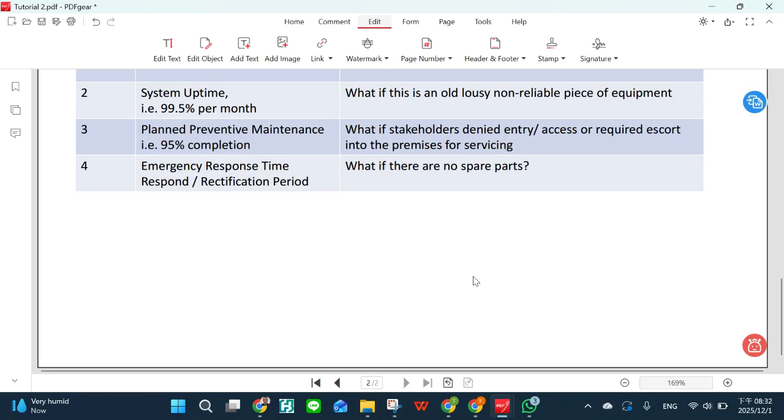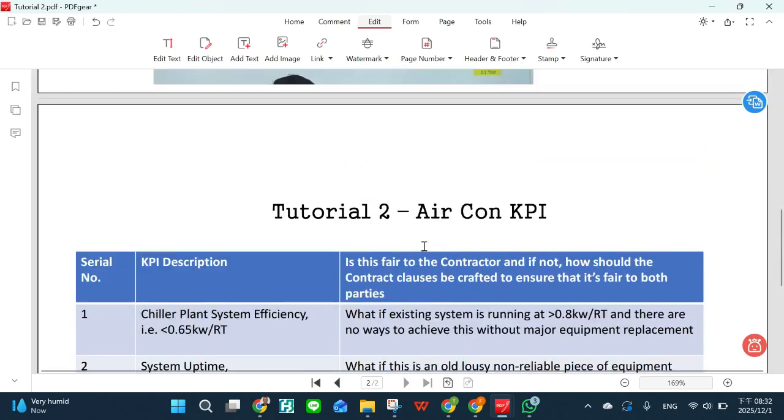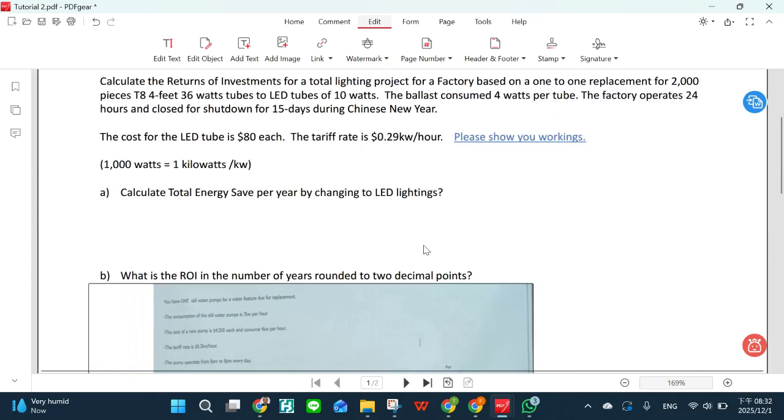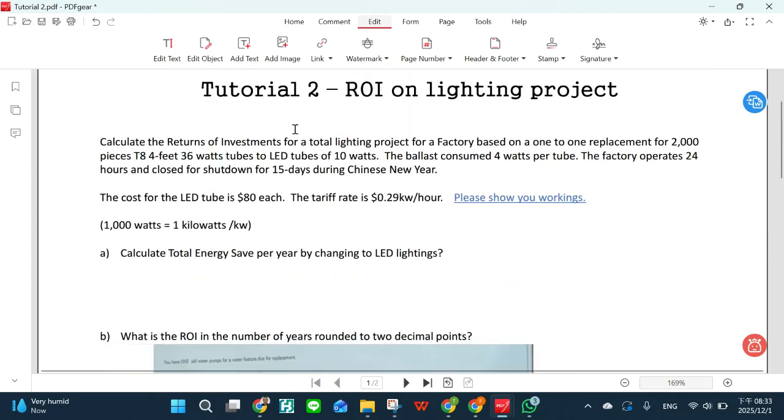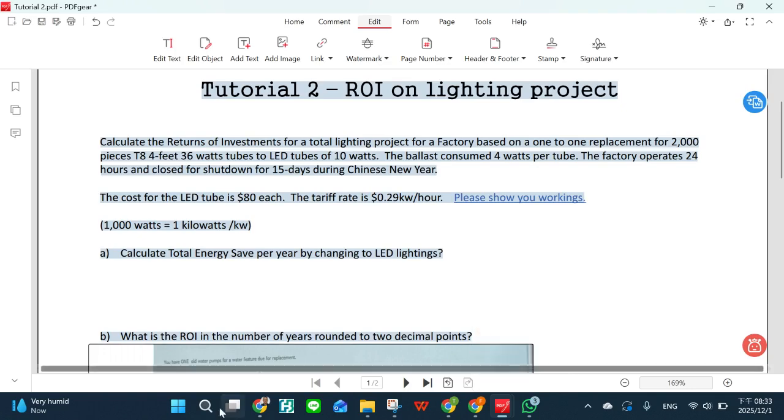So this is one question, and the second one is more on the aircon KPI explanations. I will go through it now.